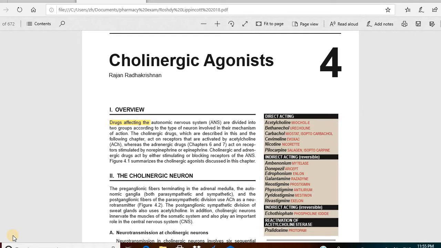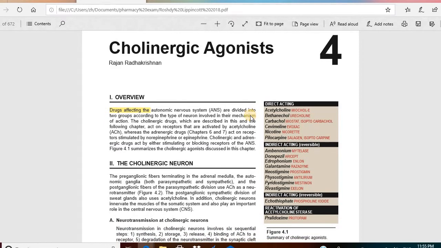So, first of all, here there is an overview of cholinergic agonist. In which they are saying drugs affecting the ANS are divided into two groups according to the type of neuron involved in their mechanism of action.